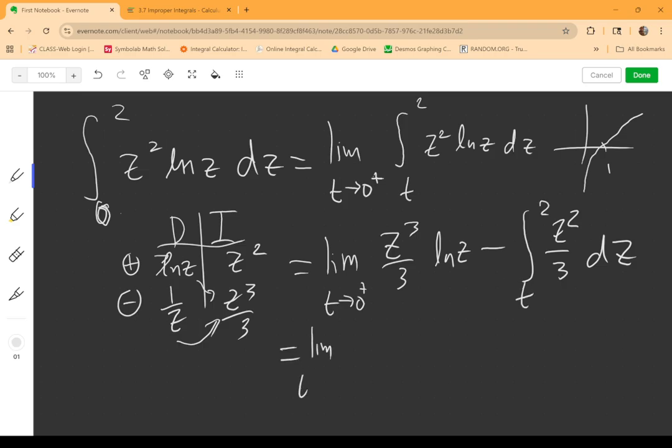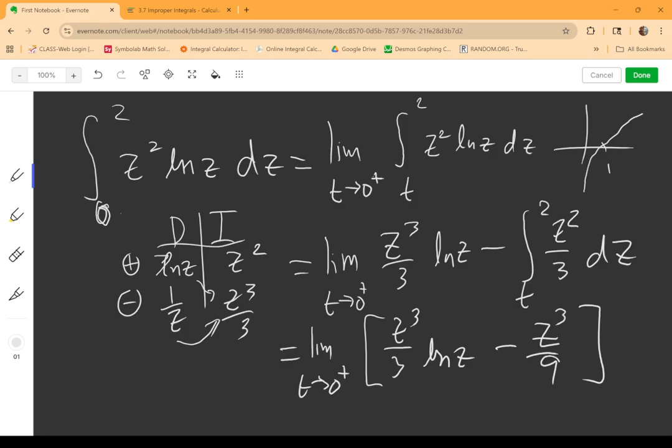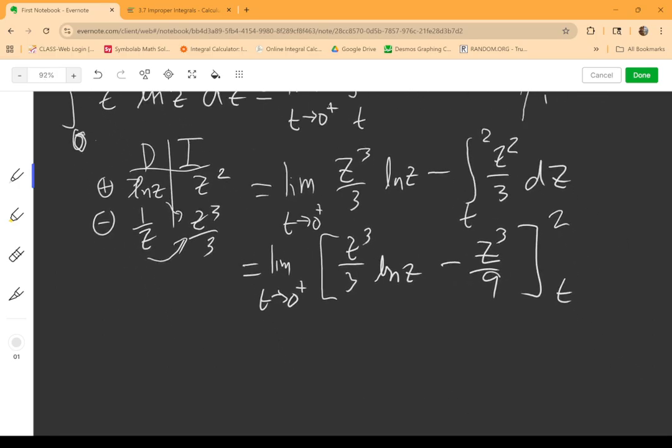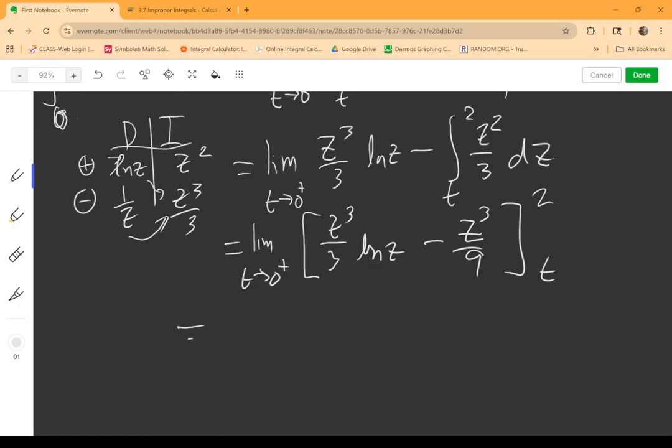So we get the limit as t goes to 0 plus of z cubed over 3 ln of z, and then this becomes z cubed over 9 by using the power: add 1 to get a new power of 3, divide by the power of 3 again, and evaluate from lower limit t to upper limit 2. When I plug in 2, we get 2 to the third is 8, so 8 thirds ln of 2 minus 8 ninths.